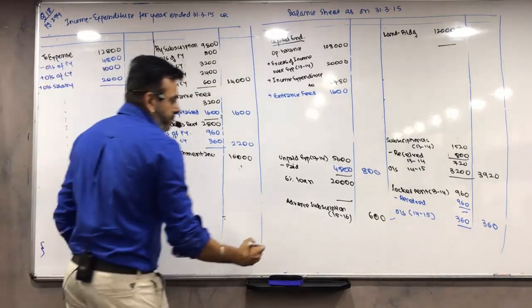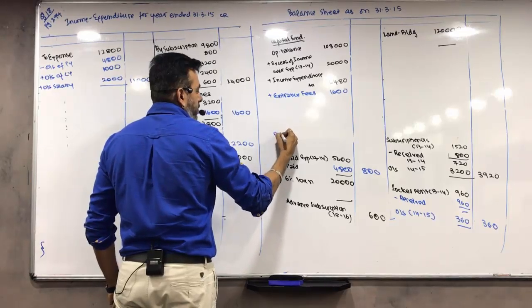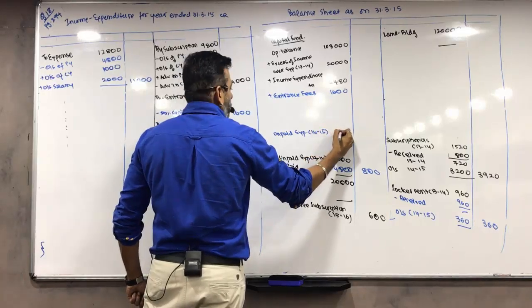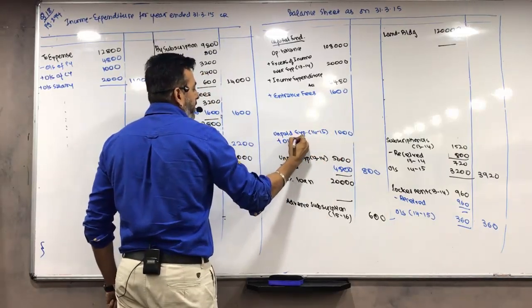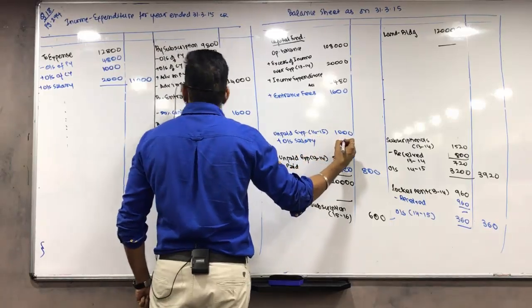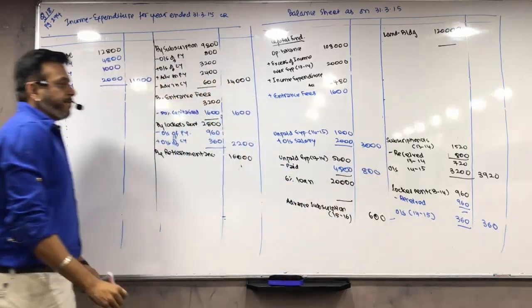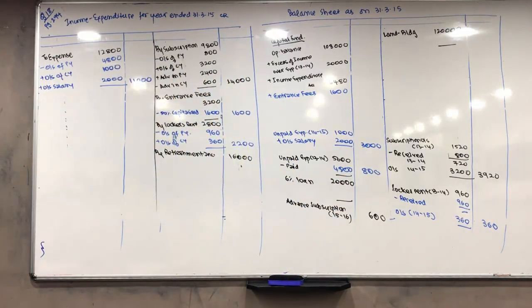Second effect, unpaid expense 1,000 plus outstanding salary 2,000, total 3,000. Depreciation, okay, later. Expense done. All of you understood this expense?